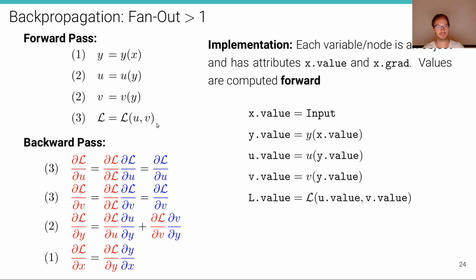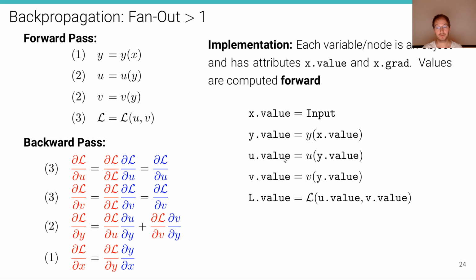The values are computed in the forward pass. This is basically just writing out this program here, the sequence of assignments in Python, where the value of x is the input, let's say the image or whatever signal comes into the model. And then we have y. The value of y is the function y evaluated at the x value.